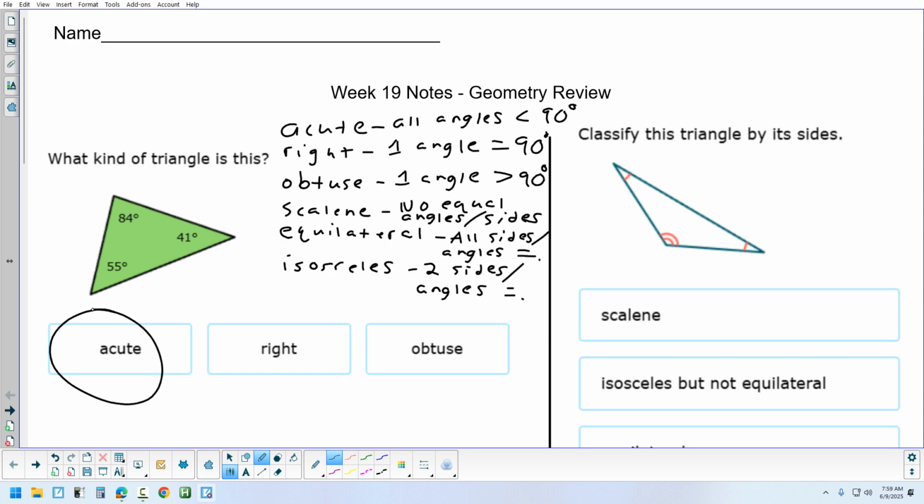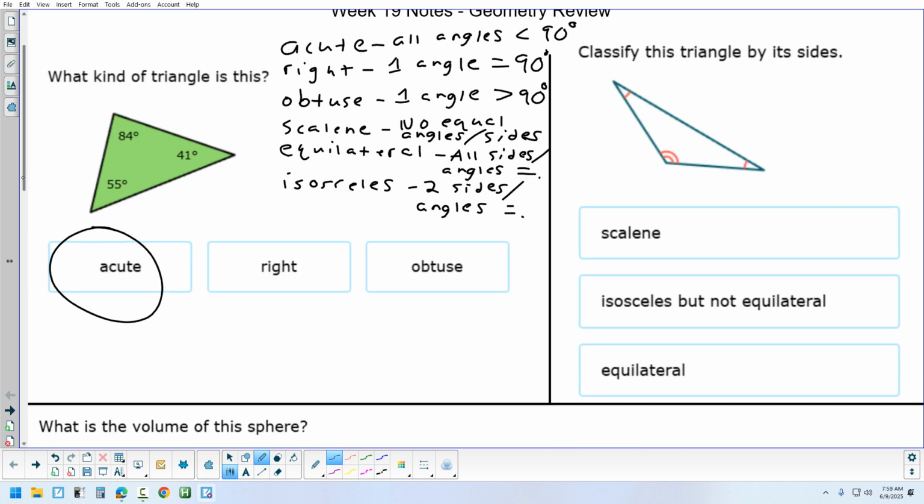All right, how about, let's look at that one on the right. Classify the triangle by its sides. Right? So they don't tell us anything about the sides, but they do give us some marks on the angles. So it tells us a little bit. Is that triangle scalene, isosceles, but not equilateral, or equilateral?